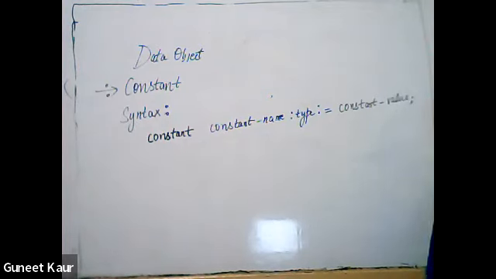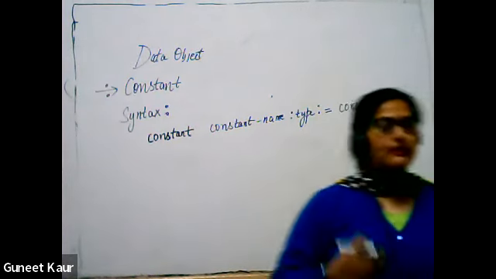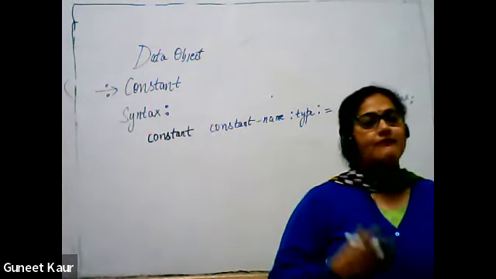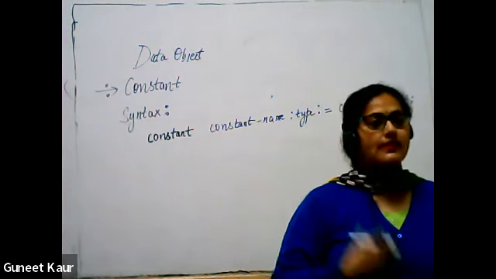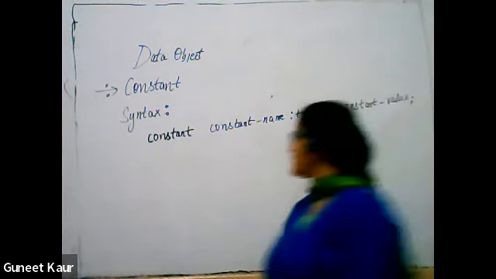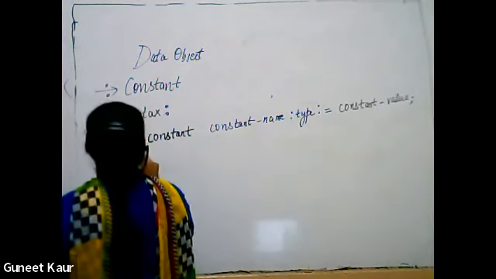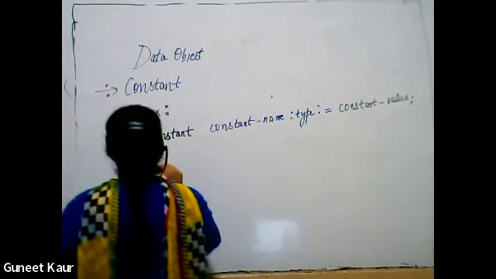This is the syntax we have to use to write a constant data object. Now further, I will show some examples from which you will understand this type of data object very clearly. So the next examples are like this: I'm writing constant.